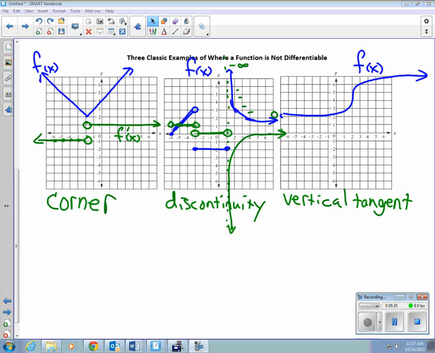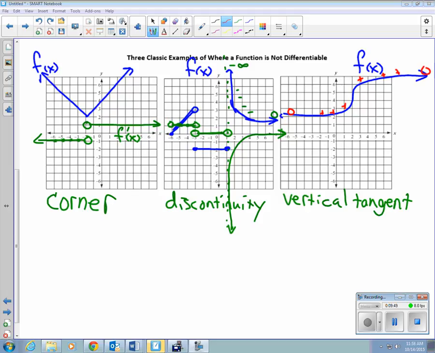The reason why this is not differentiable at 2 is because it's a vertical tangent. Now, Hannah said before we left that the slope of this is always positive except at that vertical tangent spot, correct? But as you go further to the right or further to the left, the slope becomes closer to 0, right?